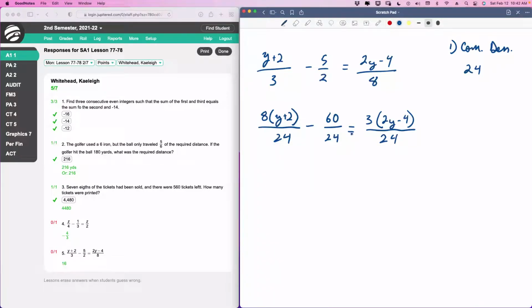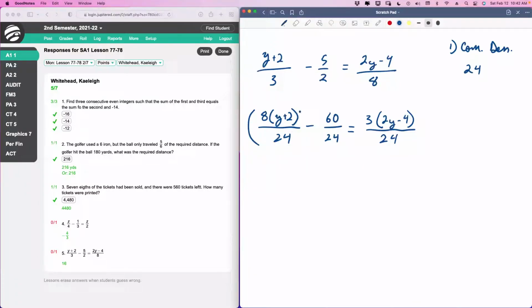Because this is an equation, once we have all these common denominators, we know the golden rule of equations is that whatever we do to one side, we have to do to the other. So if everything here is being divided by 24, we can multiply everything by 24 to cancel out the denominator.